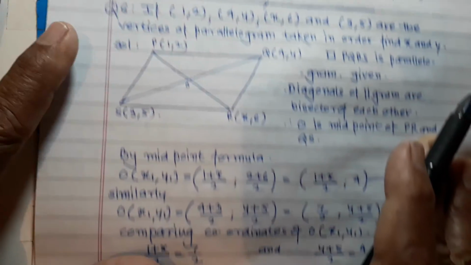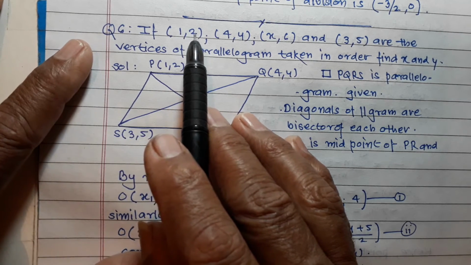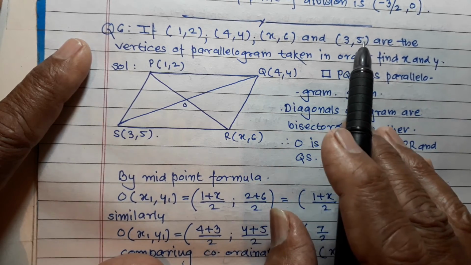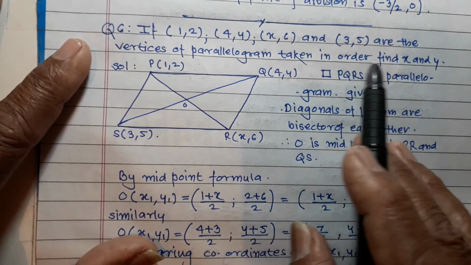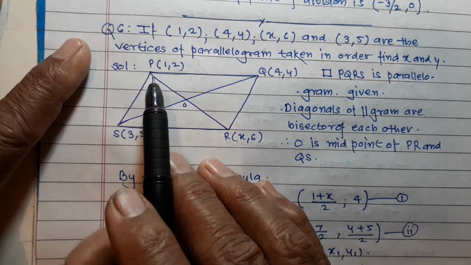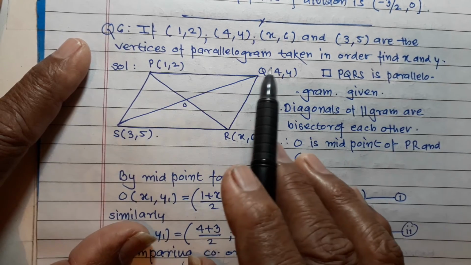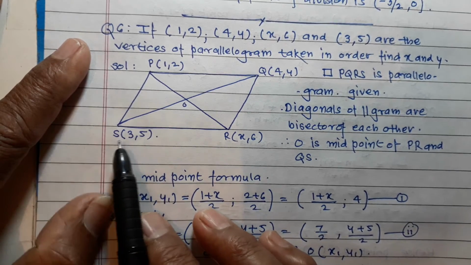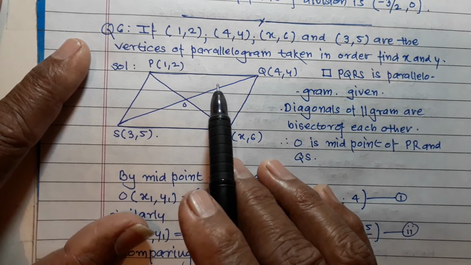Question number 6. If (1, 2), (4, y), (x, 6) and (3, 5) are the vertices of a parallelogram taken in order, find x and y. Solution. So this is a quadrilateral given. P is (1, 2), Q is (4, y), R is (x, 6) and S is (3, 5), and this is a parallelogram.